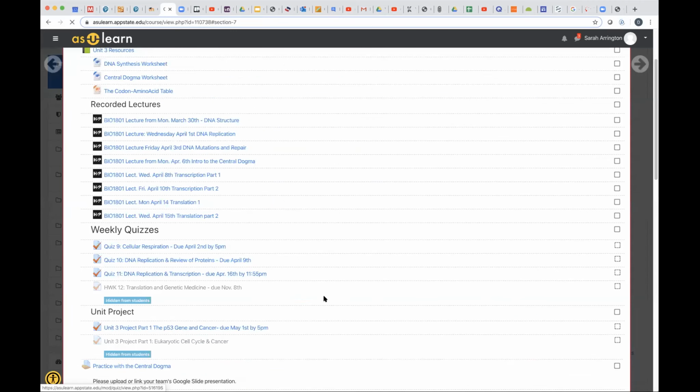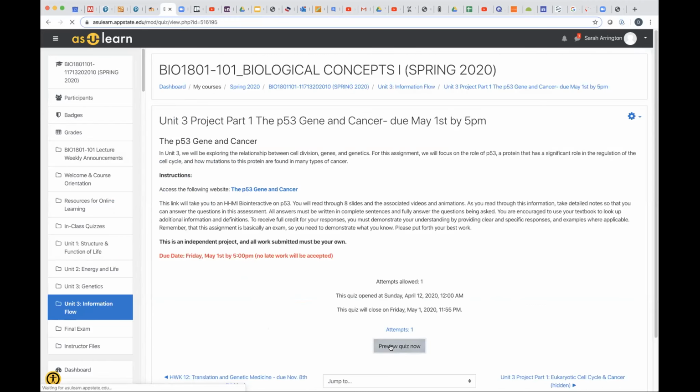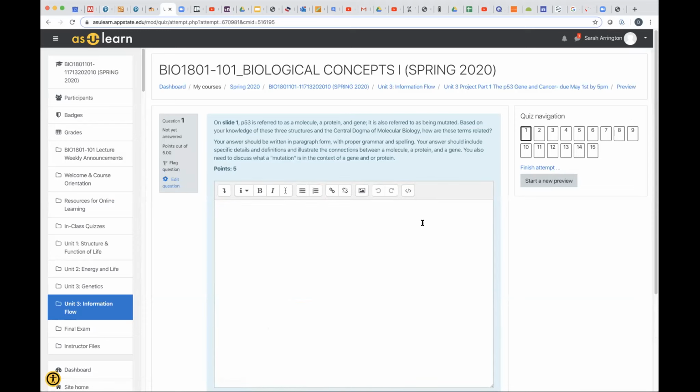If I go into preview the quiz now, you're going to see the questions. It tells you on slide 1, P53 is referred to as these things, and I'm asking how these terms are related to each other and to the central dogma of biology. I've given instructions for what I'm looking for, so you should be writing a paragraph.